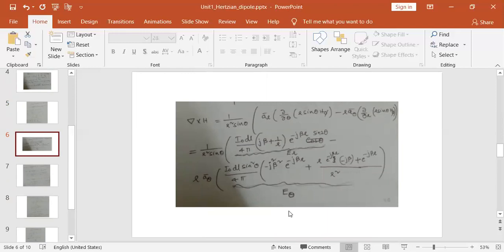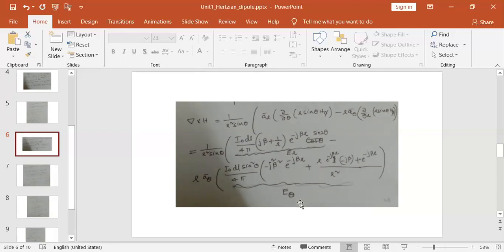If you see the expression, it contains two components: one along the R direction, that is ER, and this term is along the A theta direction. So we get E along the R direction and the theta direction.